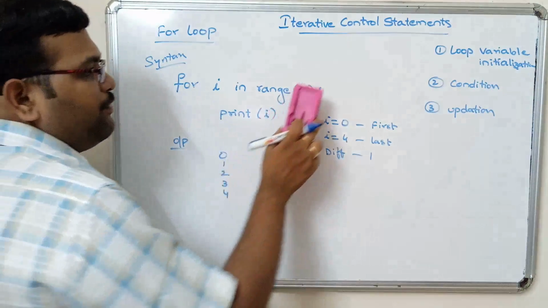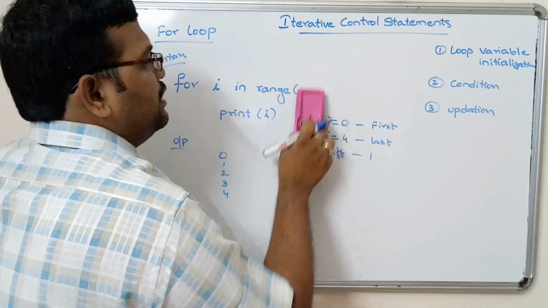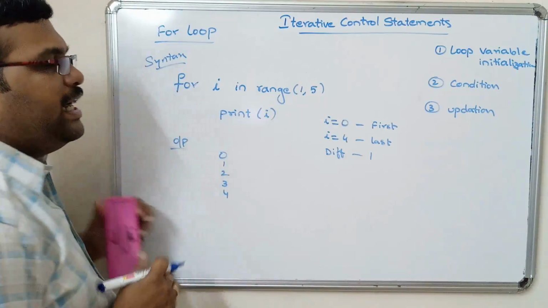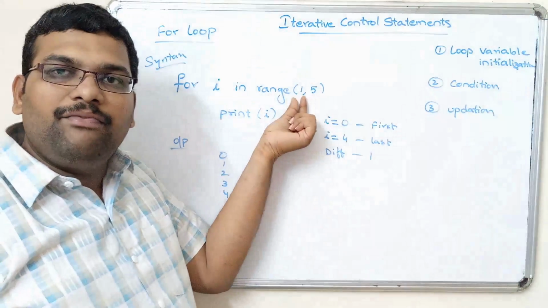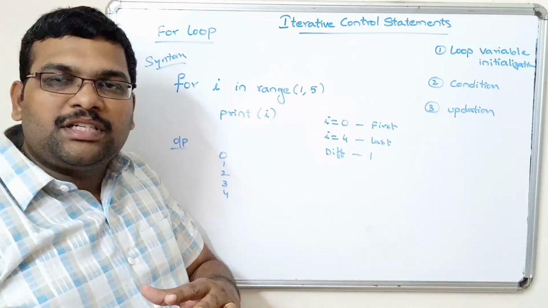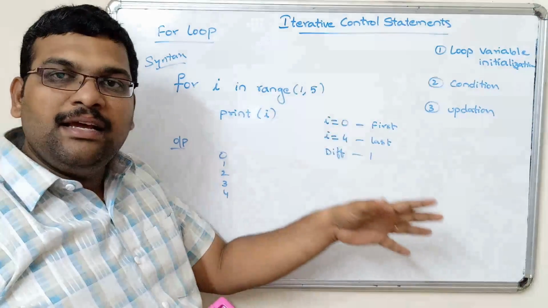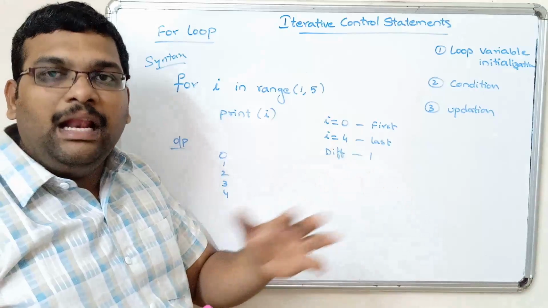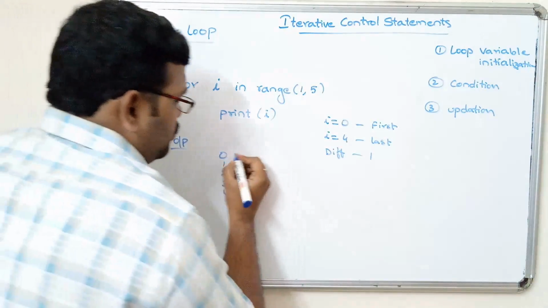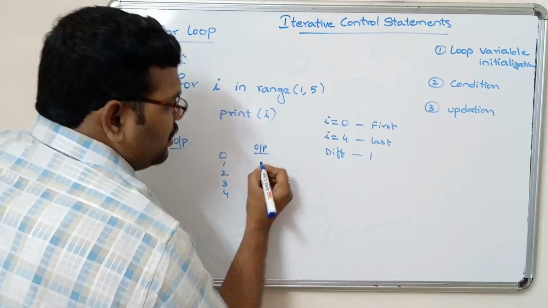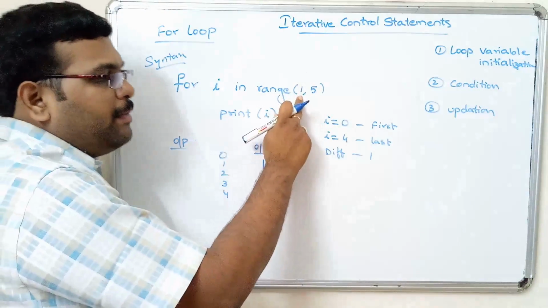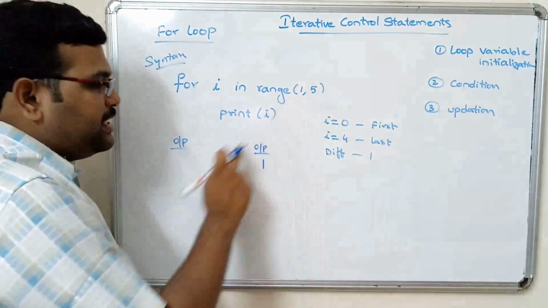Now if we mention here range from 1 to 5, the first argument will automatically be considered as the start element and 5 as the end element. By default the step size is 1. So the output for this one always starts from 1, the starting element. If you do not mention 1 here, it will take it as 0.